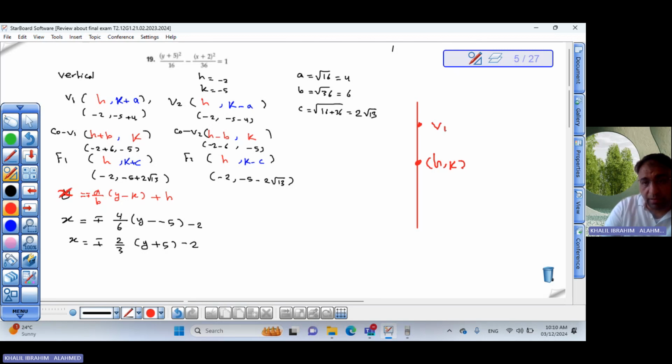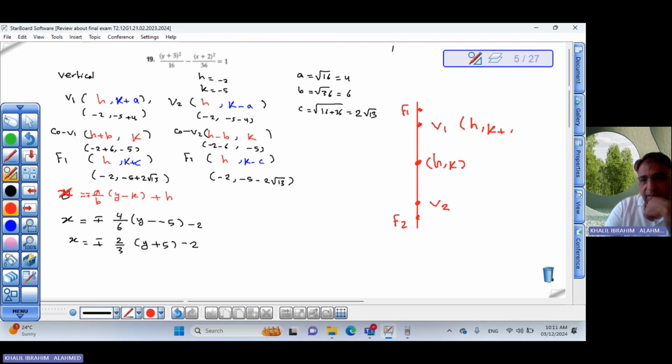Here V1, here V2, and here F1 and also F2 on the same line.